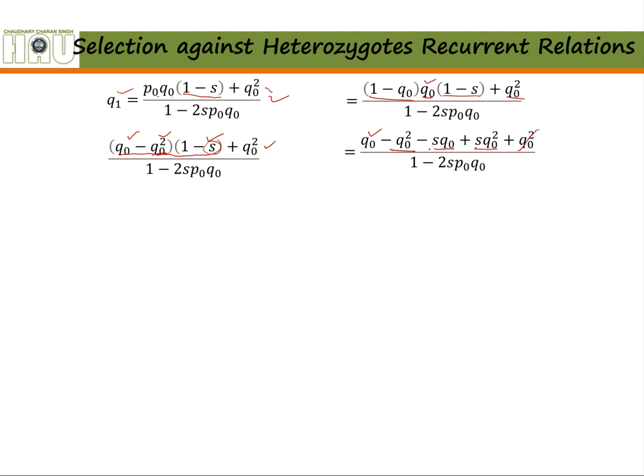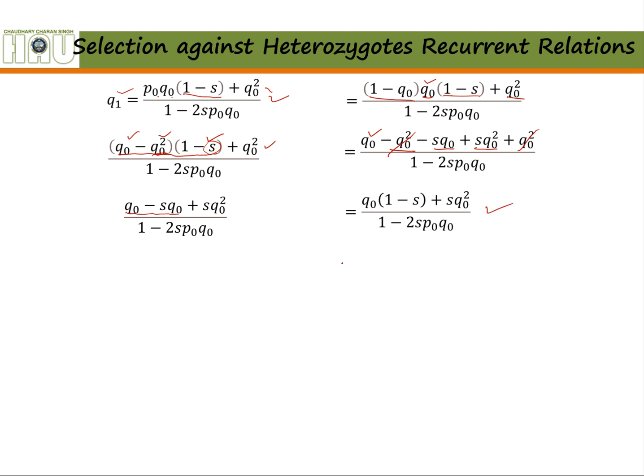Now from this can be cancelled. And we get Q0 minus SQ0 plus SQ0 square divided by 1 minus 2SP0 Q0. And if I take Q0 common from here, I will get 1 minus S plus SQ0 square like this.